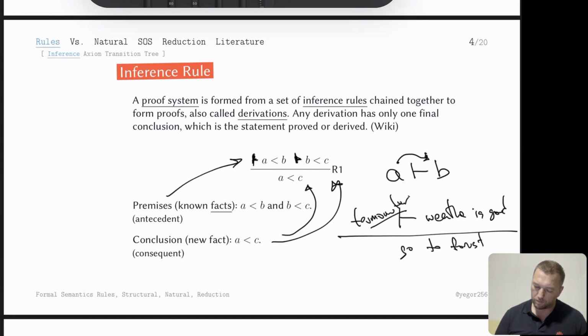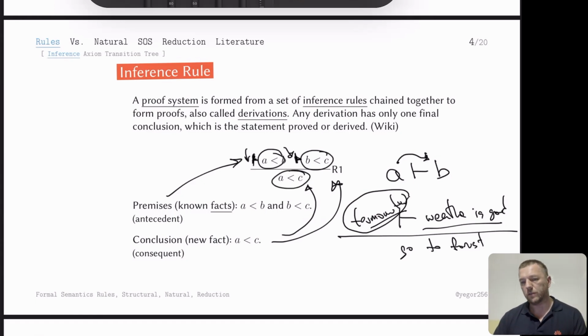So this is the source of the information for us, the source of this fact. But if we don't put any source here, then it's a fact which is not based on anything, it's just a fact. So if A is less than B and B is less than C, and these two facts are available, then we can generate another fact. We can say that A is also less than C.